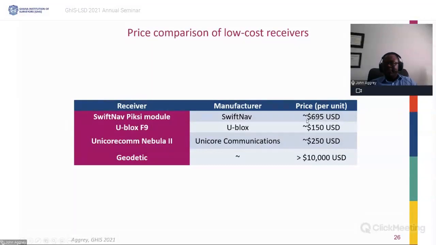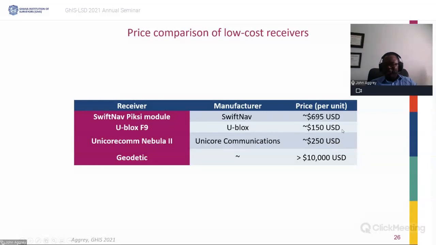It's somewhere in between a low-cost and a geodetic grade receiver, so that's why it costs about $600. If you want a geodetic grade receiver, then you're looking at more than 10,000 US dollars. I also took a u-blox F9 receiver, which costs about $150. And then I took a Unicore chip, which is from a Chinese company, and it costs $250.